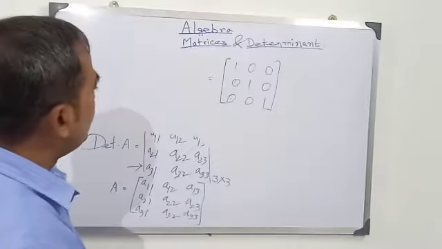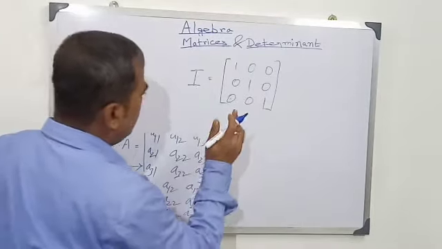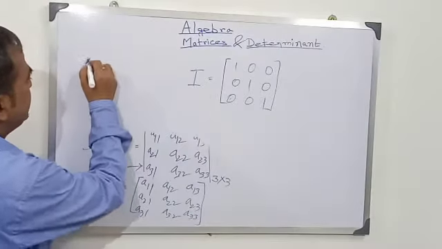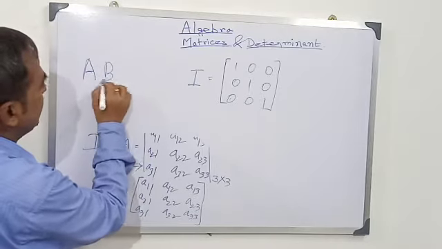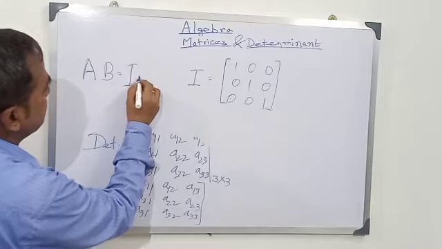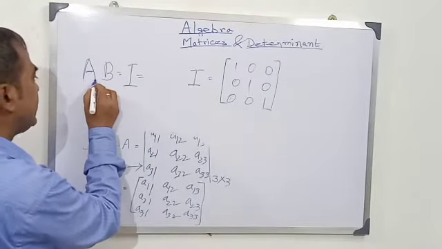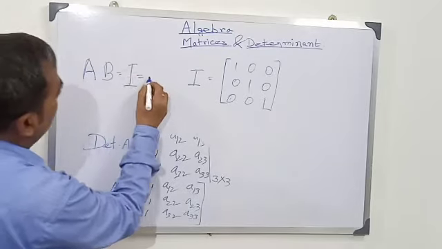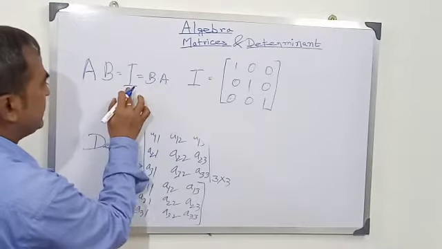Now, if we represent it by A, the inverse of matrix A is B such that when you multiply these two, we have the unit matrix. Either matrix A multiplied with B or B multiplied with A, we have the unit matrix of the same order.